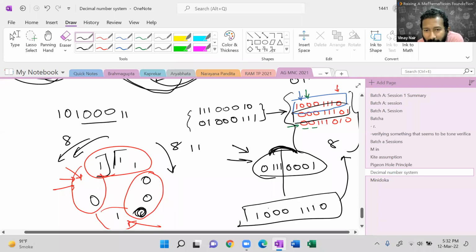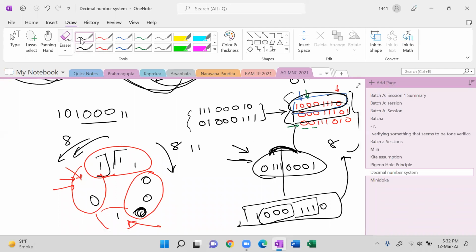It will not come because this has 3 zeros followed by 3 ones. And if you look at this arrangement, there is no way that 3 ones are following 3 zeros. Sorry, did I say it the other way around? I think I messed up in the way I was saying it, so I'll repeat it.